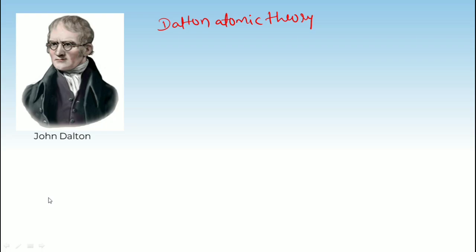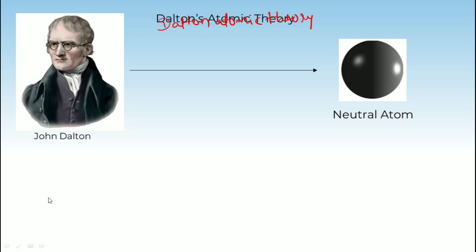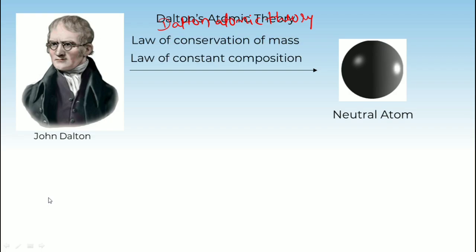Dalton's atomic theory was able to explain some laws: the law of conservation of mass, the law of constant composition, and the law of multiple proportion. They explain them very successfully.